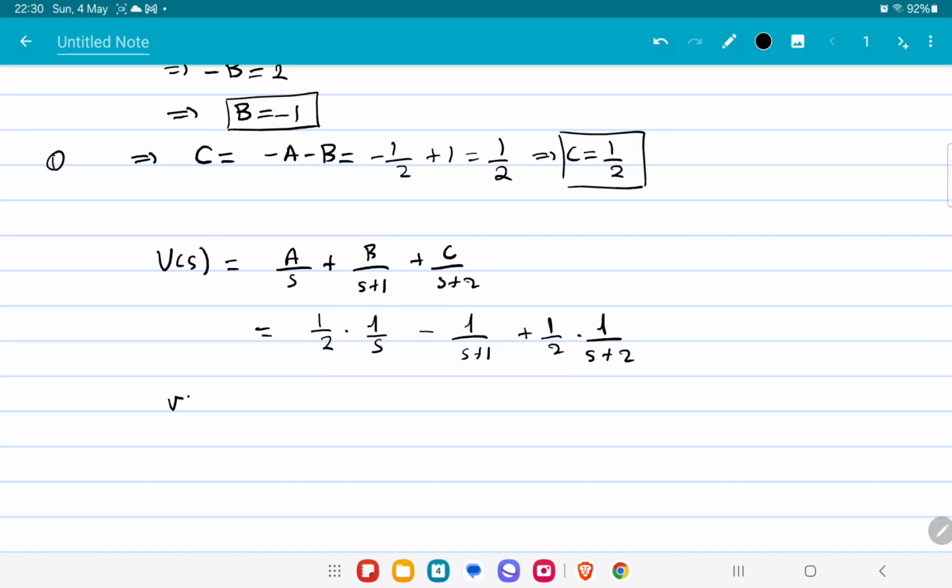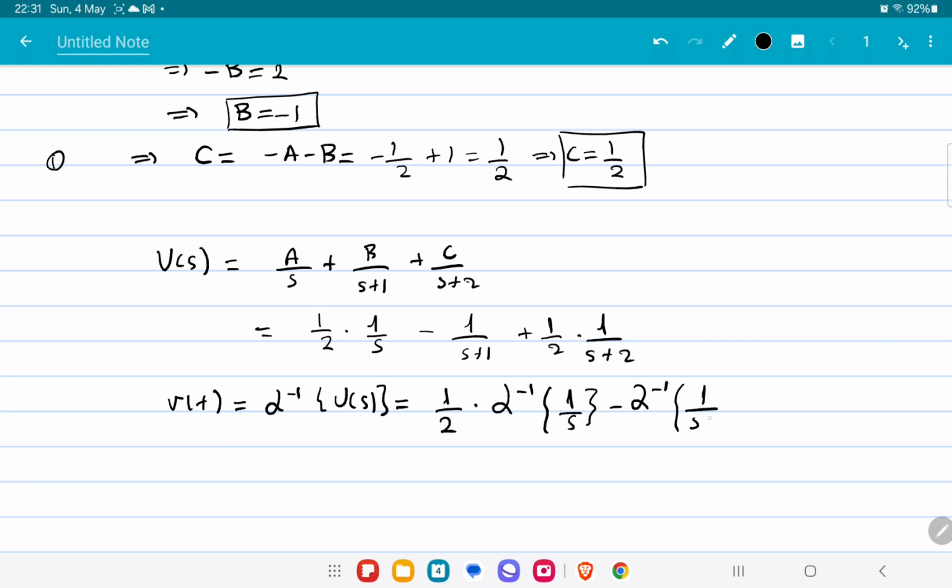Now, in order to find u of t, I take the inverse Laplace transform of U of s. So it's a half the inverse of 1 over s, minus the inverse Laplace of 1 over (s plus 1), plus a half inverse of 1 over (s plus 2).